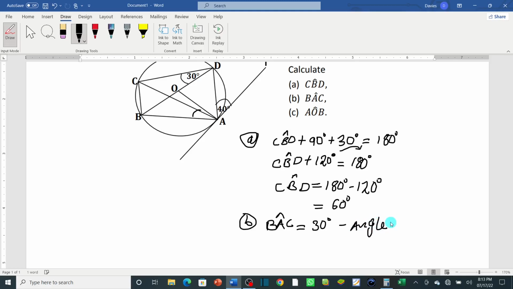Once I have it, things will be going fast. So angles subtended by the same arc, or chord, I mean. So that one is a chord, are equal.